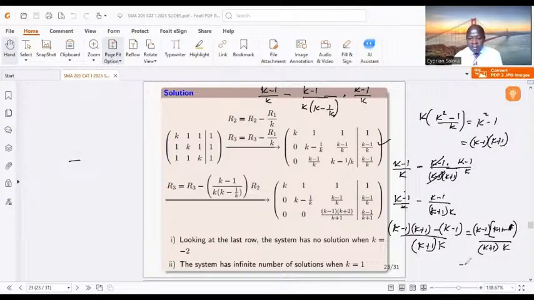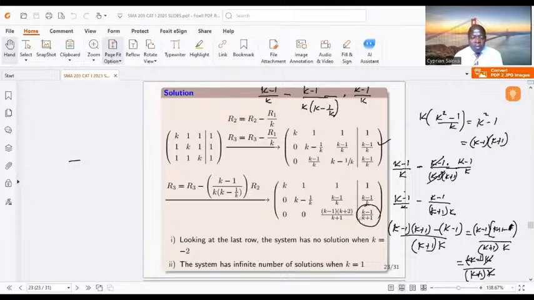So in the numerator, we have k minus 1 multiplied by k. This one gives us k because it's k plus 1 minus 1. And this other one is k plus 1, k. So the k's cancel, and when the k's cancel, you're left with this.